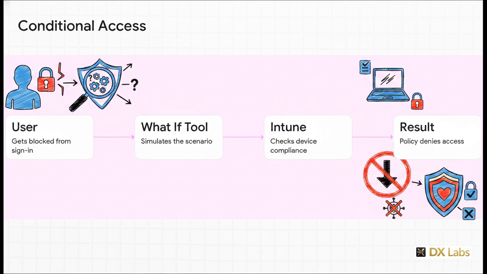First, you fire up the What If tool to simulate their sign-in and see exactly which policy tripped them up. Then, you jump over to Microsoft Intune. Are they missing critical security patches? Finally, you check Microsoft Defender for Endpoint to see if that device has active malware alerts. For the AB 900, you absolutely must know that conditional access doesn't just check passwords. It checks the health of the entire device before giving that final result.